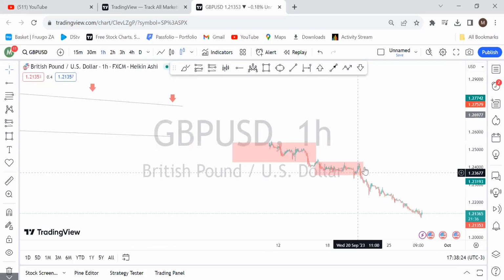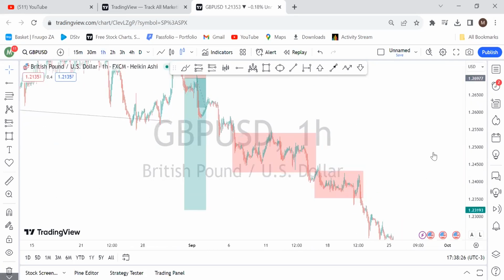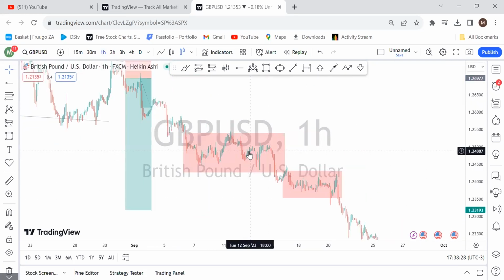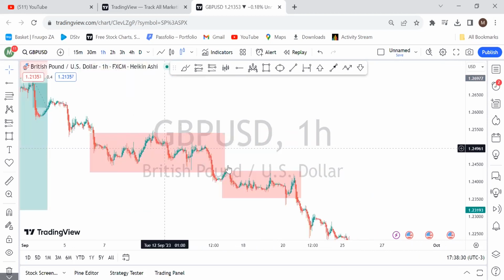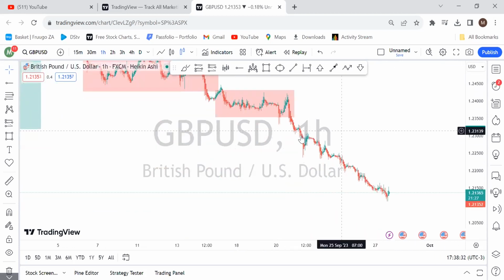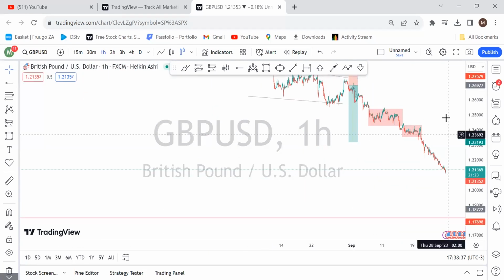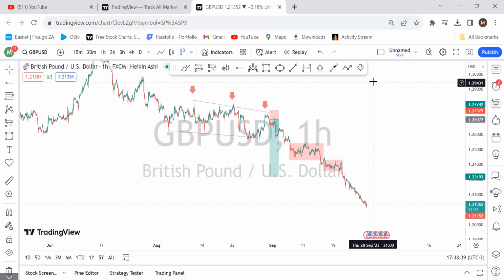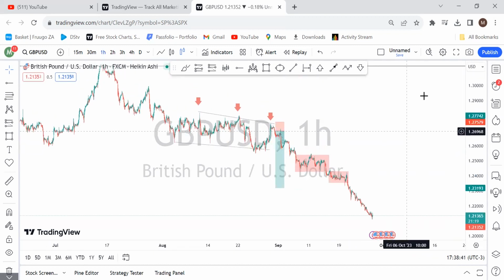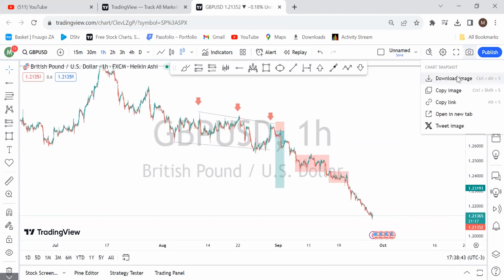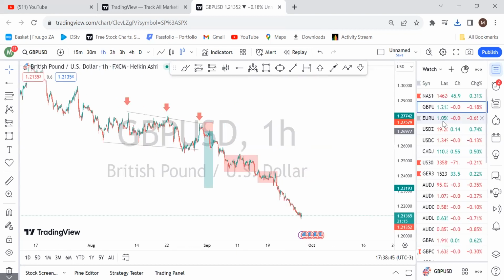If you guys really want to see, you can see the price was correcting within these blocks, right? Correction, and then just keep trickling down. So that is basically what's been happening with GBP USD. So let's move on.